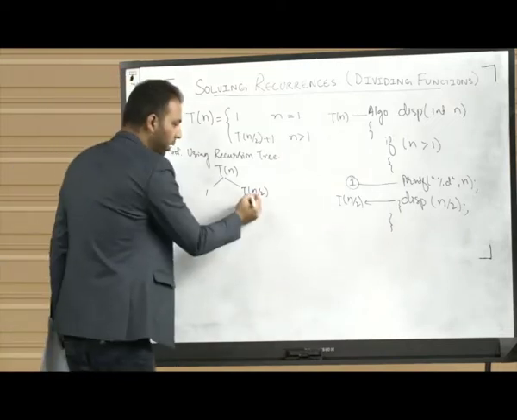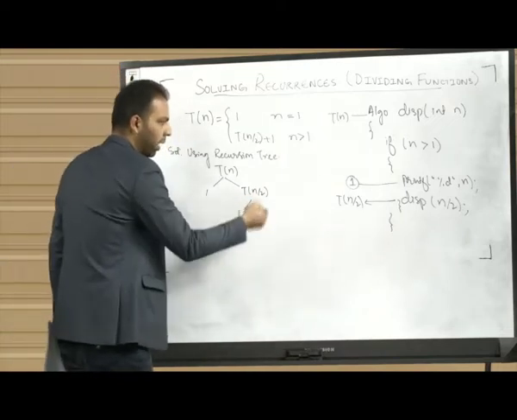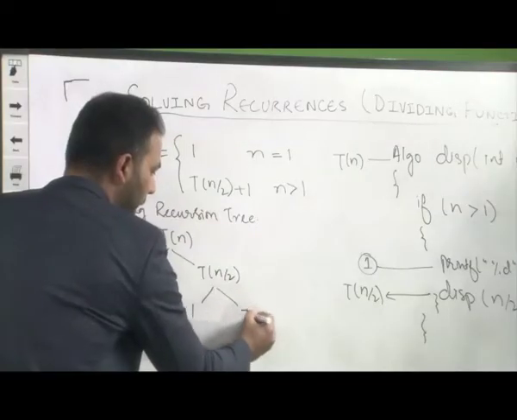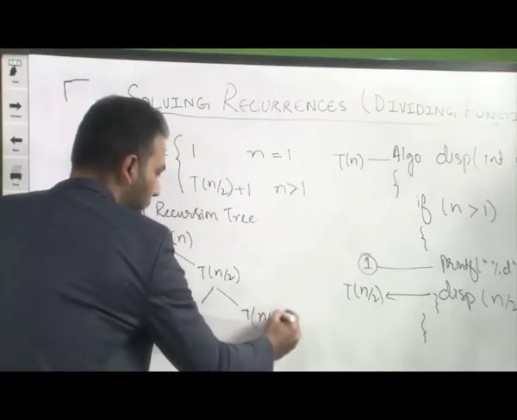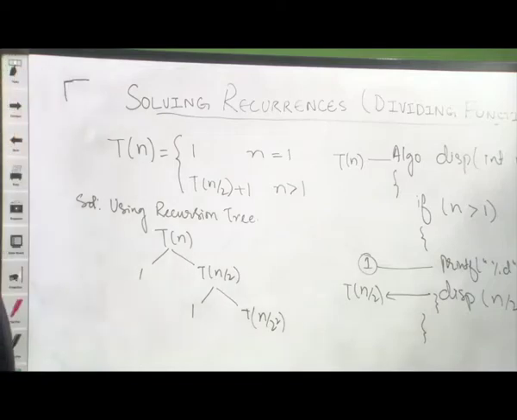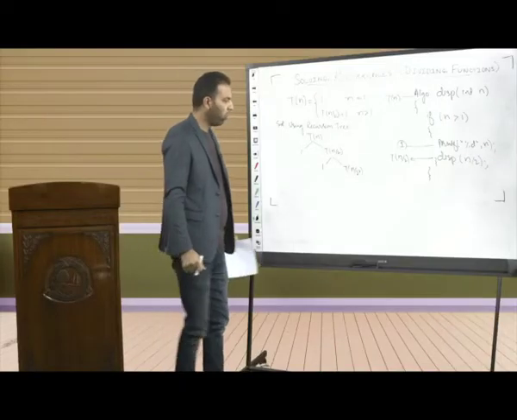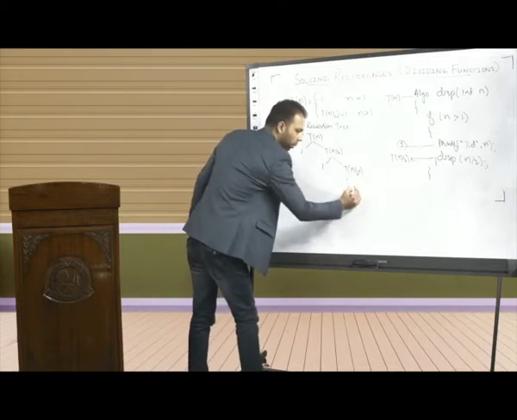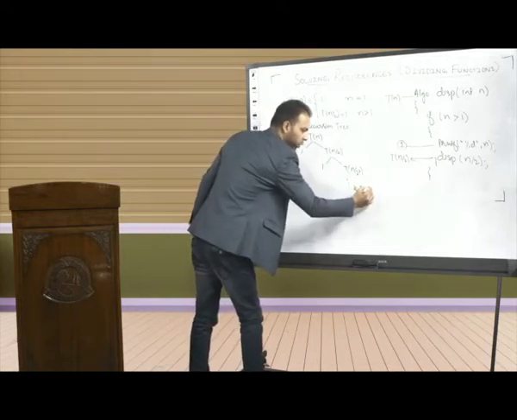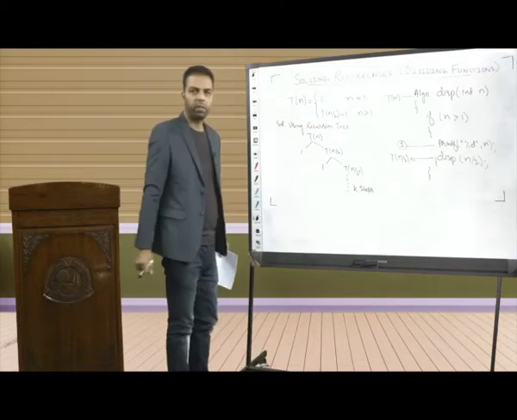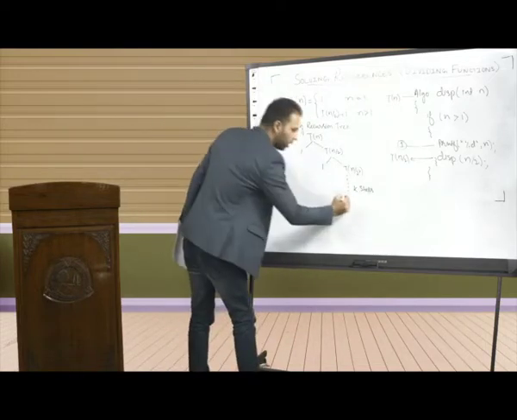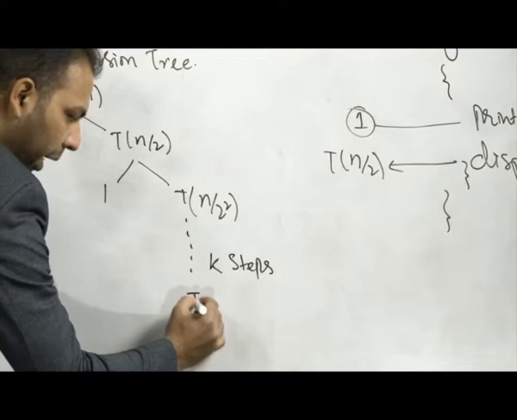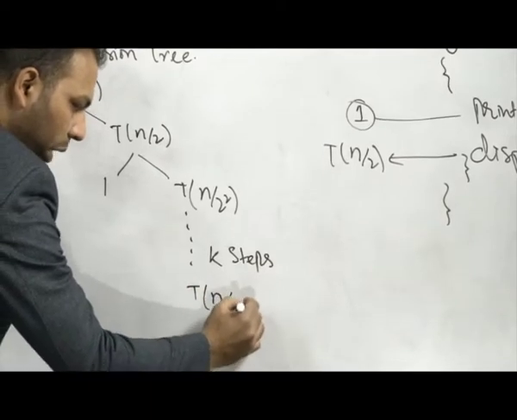Then again when this is called, it will print the value of n and call T(n/2 square). It will go on up to, let's assume, k steps, and after k steps it stops, and at that time it will be T(n/2 raised to the power k).